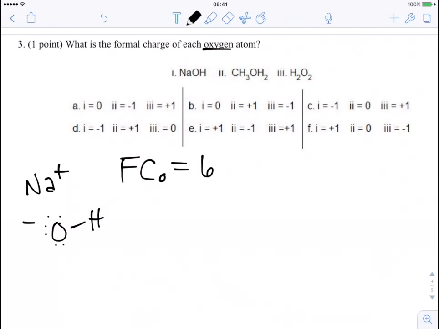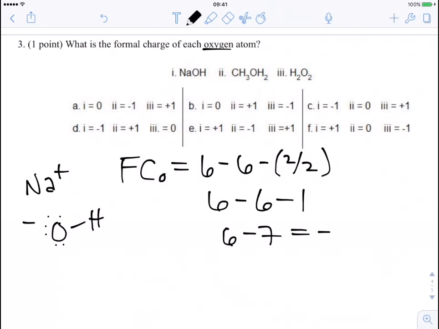You're going to take its group number, subtract its lone pair electrons, and subtract half of its bonding electrons. So you have 6 minus 1, which is 6 minus 7, which equals -1, which again makes sense because you have negative there. So you know your answer is not going to be E, B, A, or F.